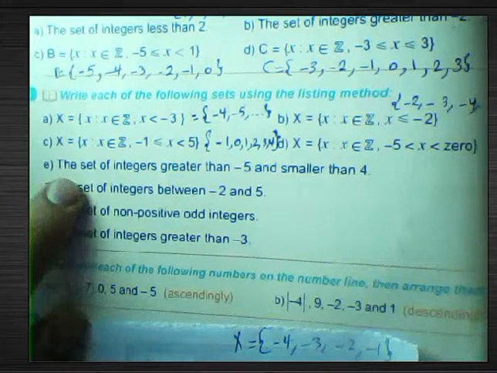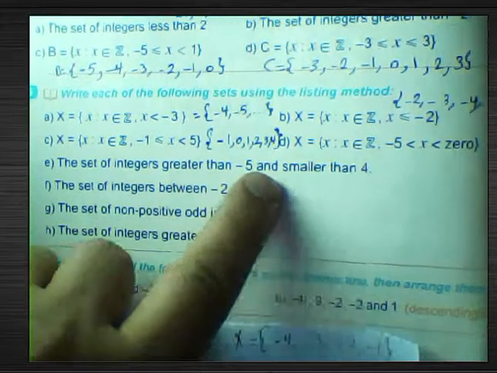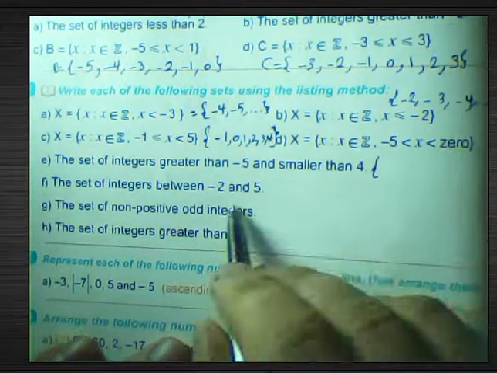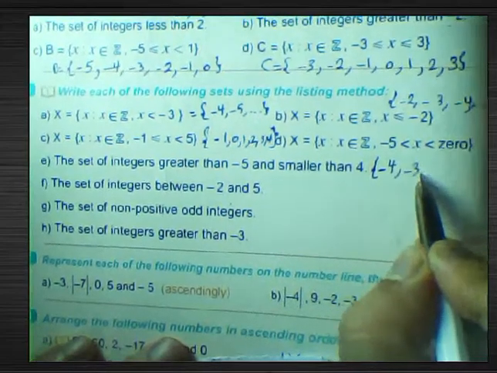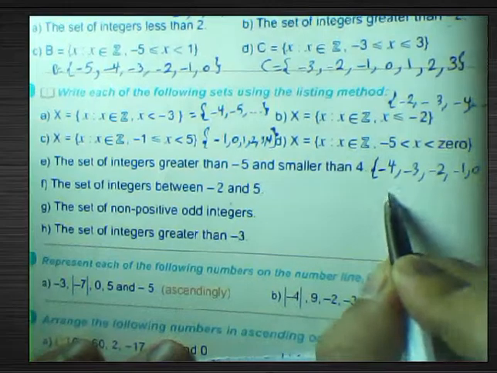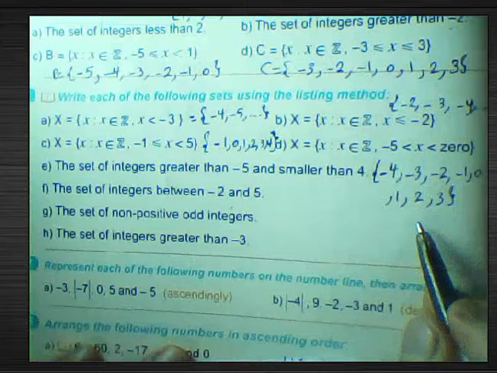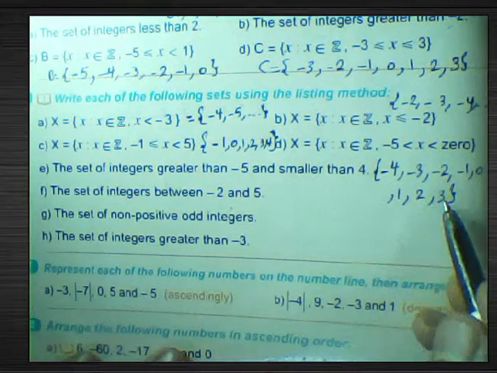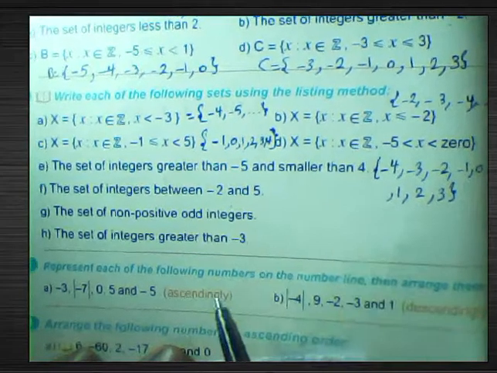Question E. The set of integers greater than negative 5 and smaller than 4. We can write negative 4, negative 3, negative 2, negative 1, 0, 1, 2 and 3, and stop at this number, because you want to find the set of integers greater than negative 5 and smaller than 4.